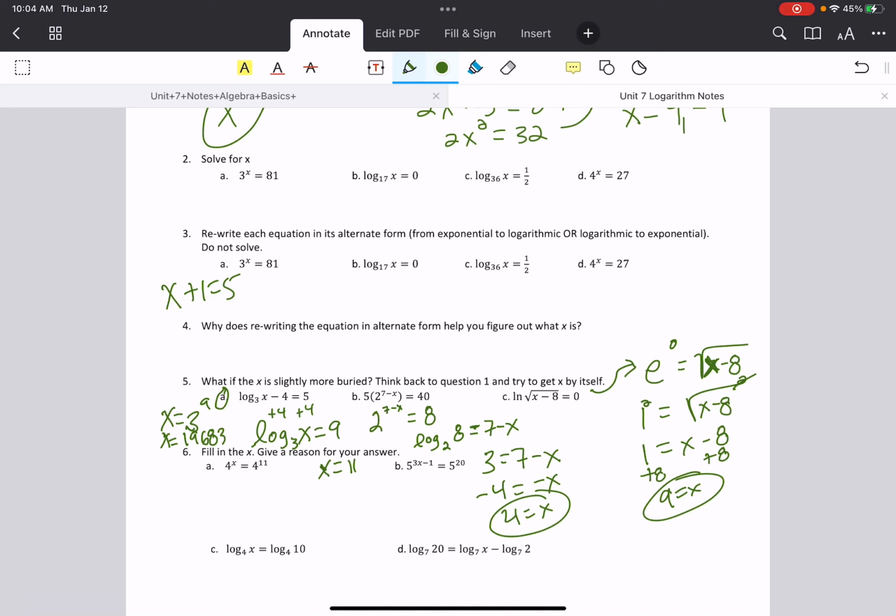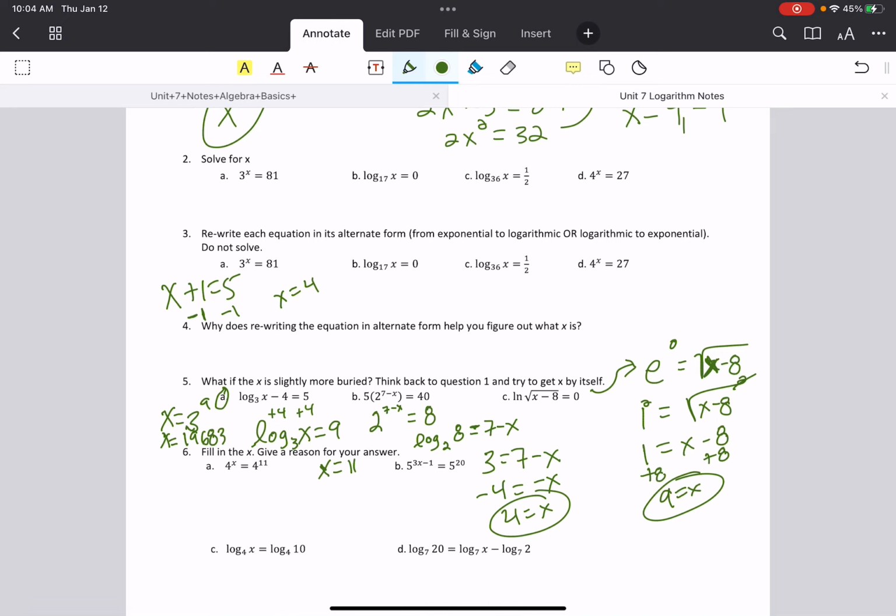So the reason I subtract is because it's the inverse of addition. Should I subtract 3? Should I subtract 4 to get X alone? Just 1. You have to do the opposite of the exact same thing here. Does that make sense? Okay, so same idea here.